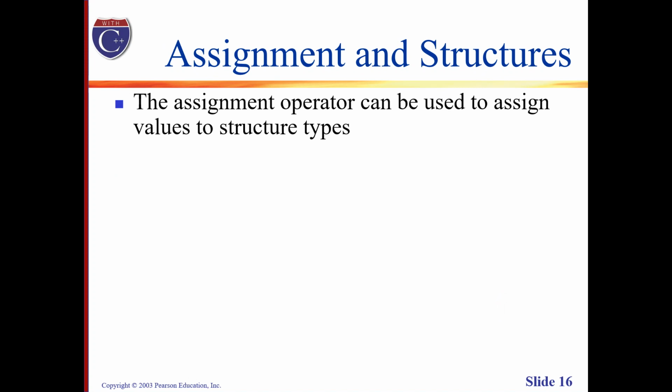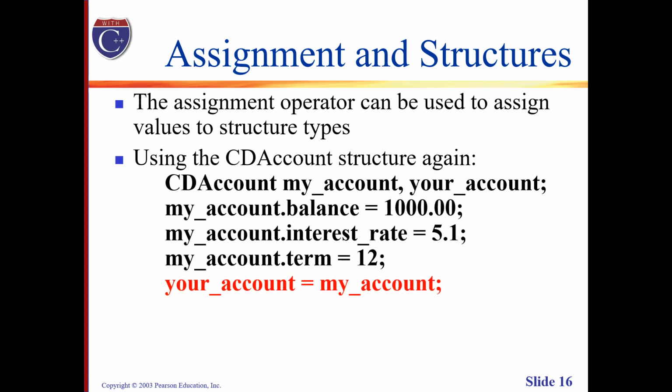Now let's talk about assignment and structures. The assignment operator can be used to assign values to structure types. Again, using the same structure, we can have the following. As you can see here, we declared two variables of type structure, which in this case is CDAccount. And we assigned the following values to the member variables of my account.